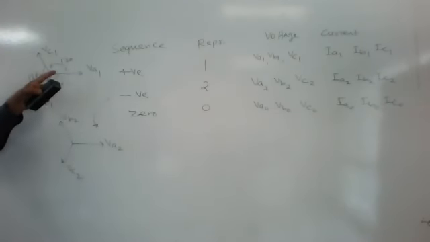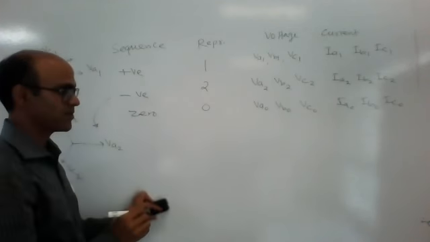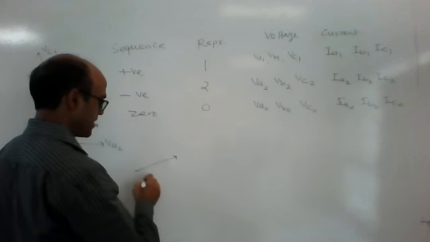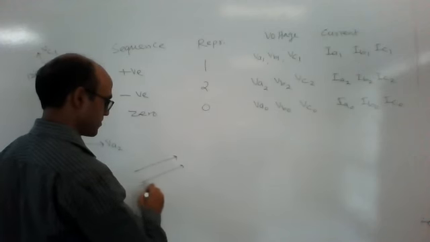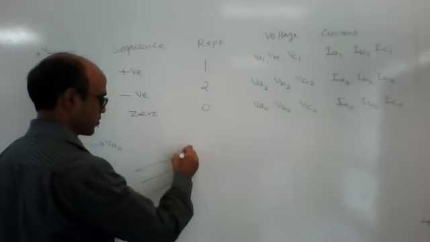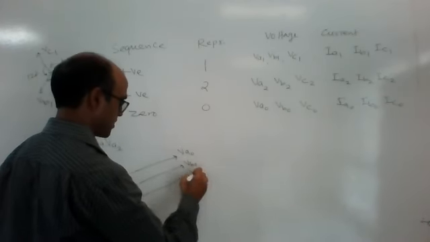One subscript represents positive, 2 represents negative. And how do I represent 0? There is no phase displacement between the three phases. So all phases have the same direction, meaning their phase displacement is 0. So VA0, VB0, VC0.